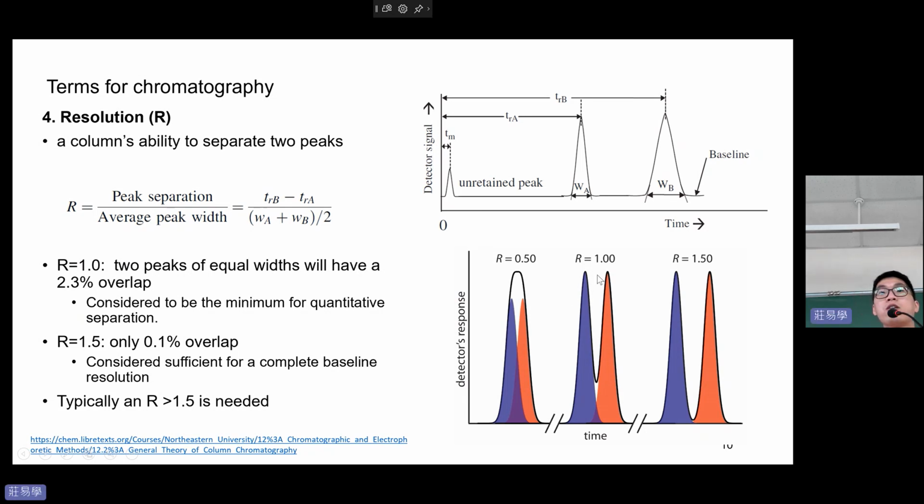If you have a resolution of 1, the overlapping area is about 2.3%. And for an R of 1.5, they only have about 0.1% area overlap. So typically, to successfully separate two peaks, an R larger than 1.5 is needed.